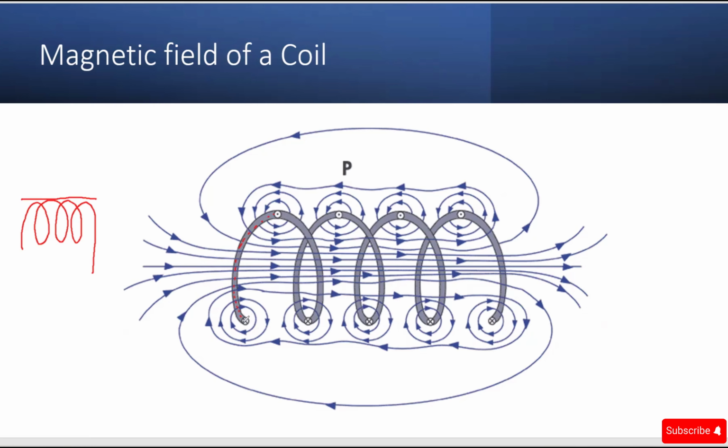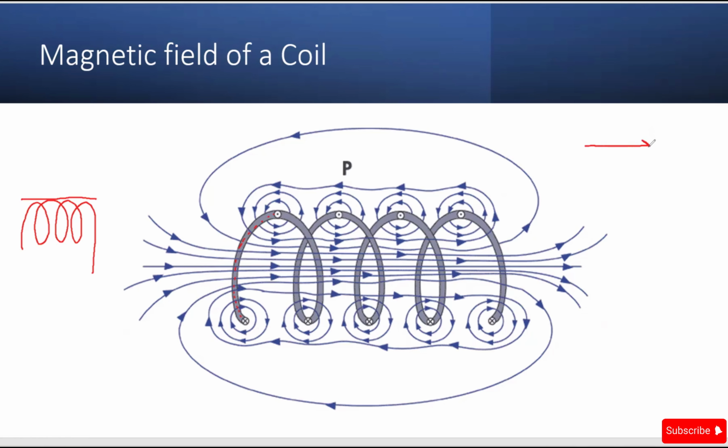So here you can see a cross. The cross means the current is going into the screen, and here we have a dot, that means the current is coming out. To remember this, just remember an example of an arrow.